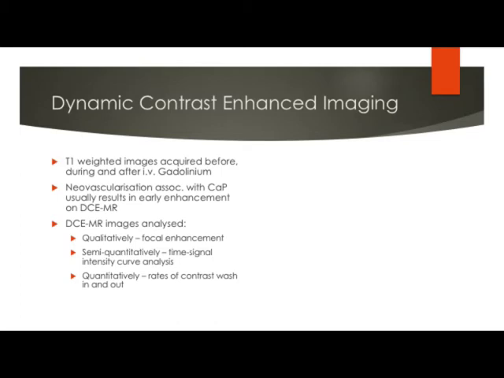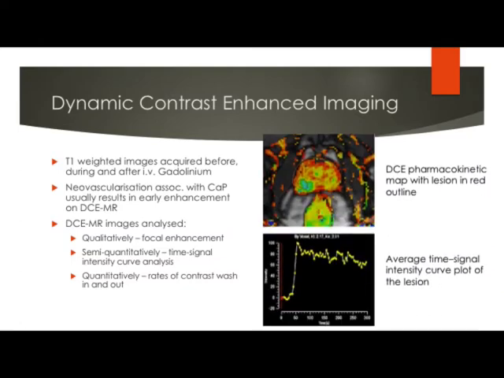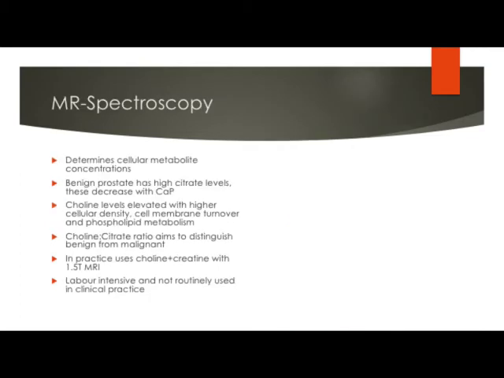You can look at it qualitatively, so this has got focal enhancement. Semi-quantitatively, you can look at time signal intensity curves and determine whether there's potential cancer there, and look at the rates of wash in and wash out of the contrast. All of those are put together in a PIRADS score, which I'll come on to talk about in a bit, which gives you a potential risk for that lesion in the prostate seen on MRI of being malignant or not.